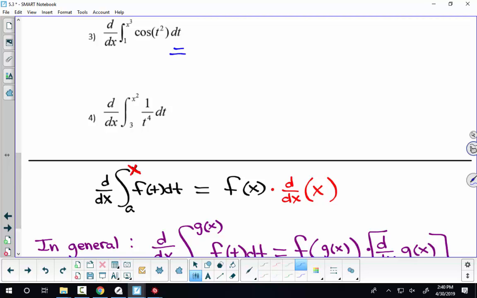Right. So we're going to plug in x cubed in for t and get the cosine of that thing squared, where we're plugging in x cubed. But then we have to multiply this by the derivative of x cubed.